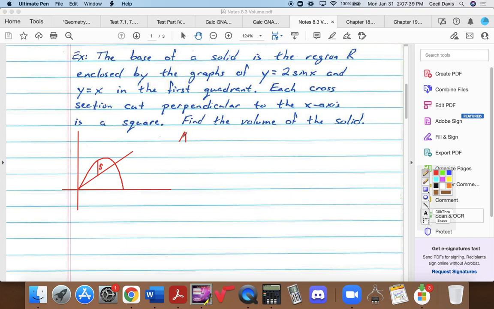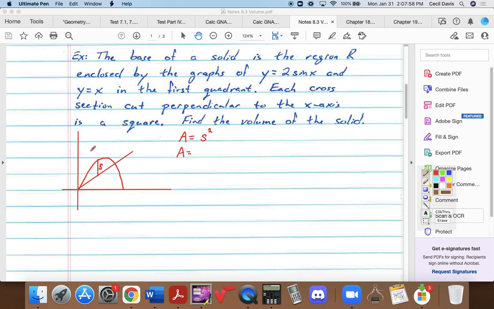So we'll start with just the area formula for a square. It's s squared. Then we want the area formula in terms of x. So s is the distance from the upper curve to the lower curve.